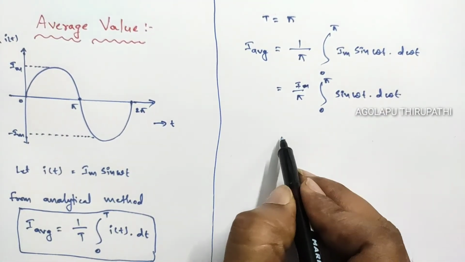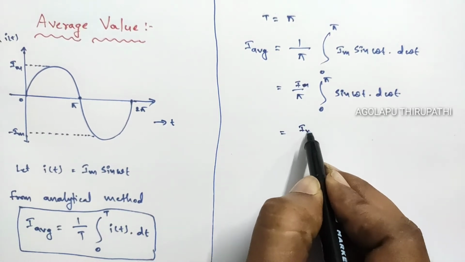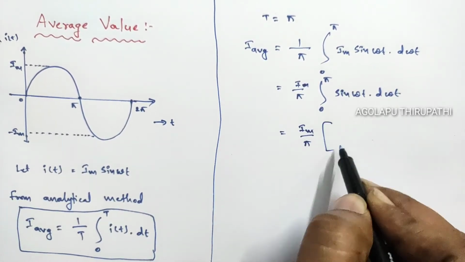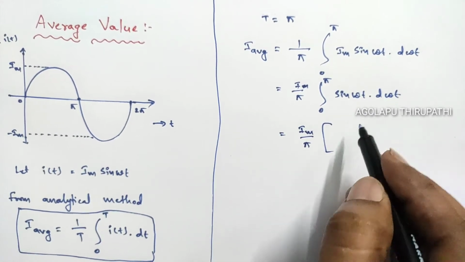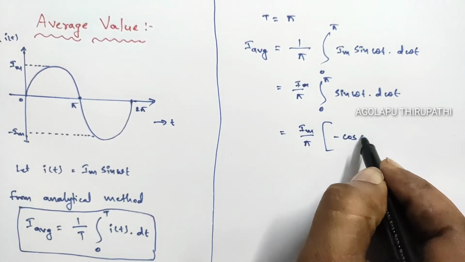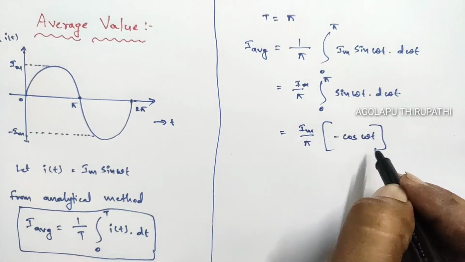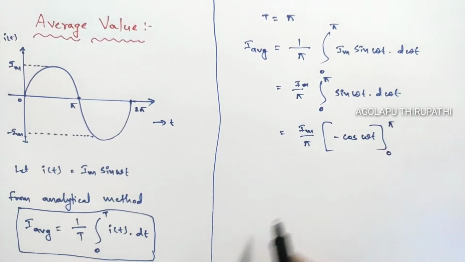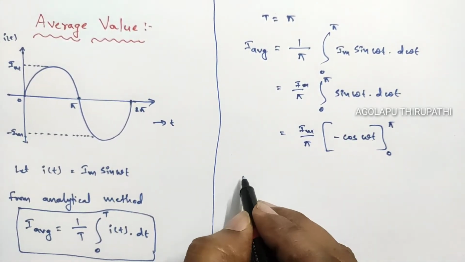Now apply the integration here. This is Im by pi, and the integration of sin omega t d omega t is minus cos omega t, with limits 0 to pi. Now apply the limits.